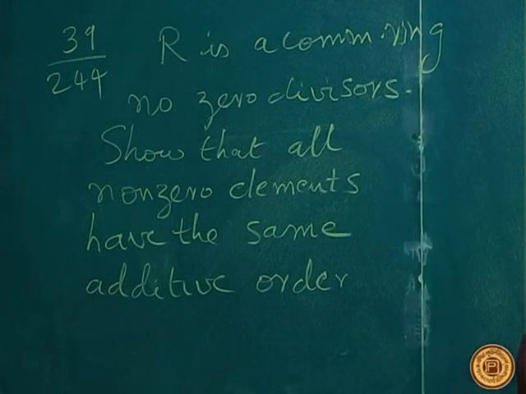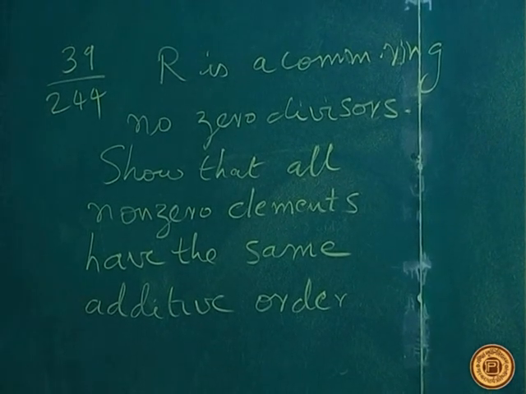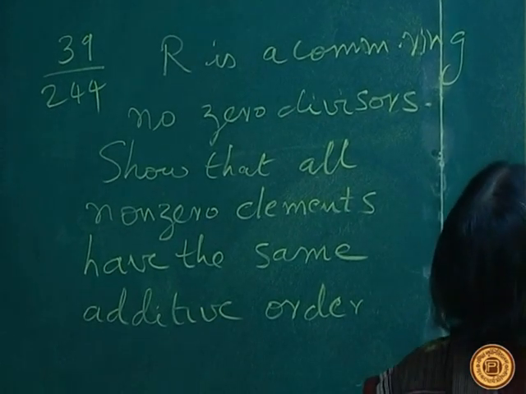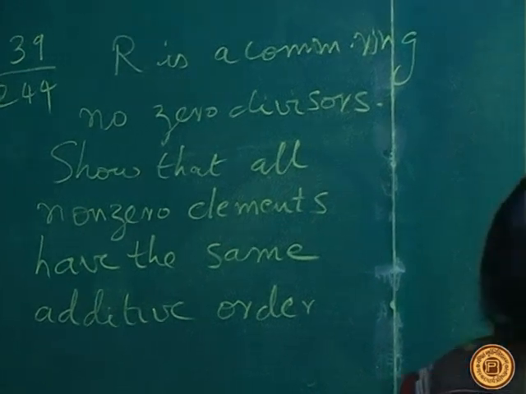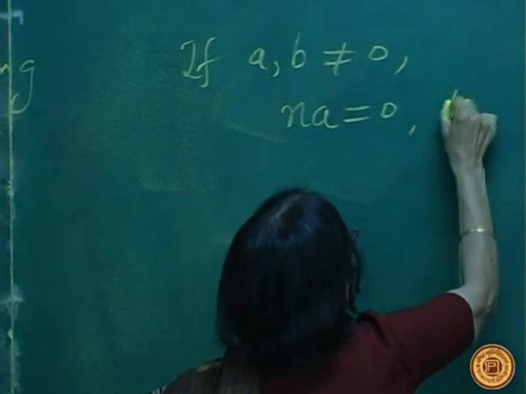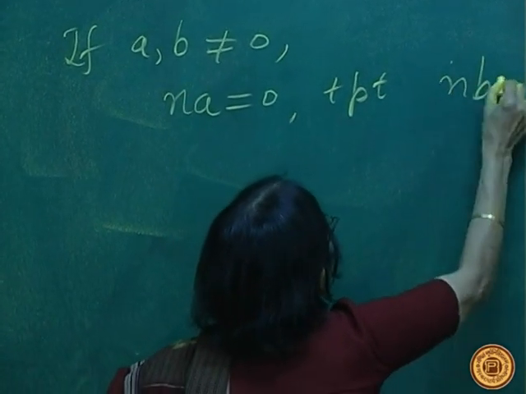So what do we have now? A commutative ring, no zero divisors. So, in other words, if a and b are not 0, then na equal to 0 implies, we want to prove this, that nb is also equal to 0.